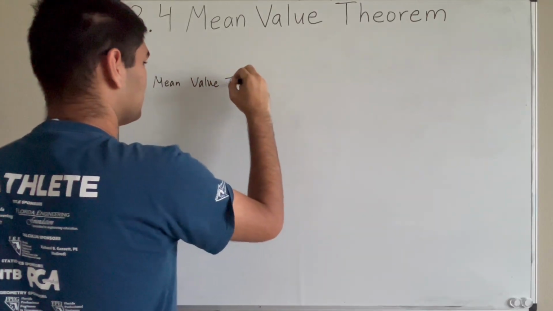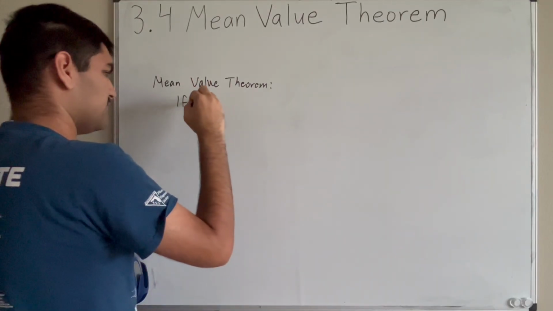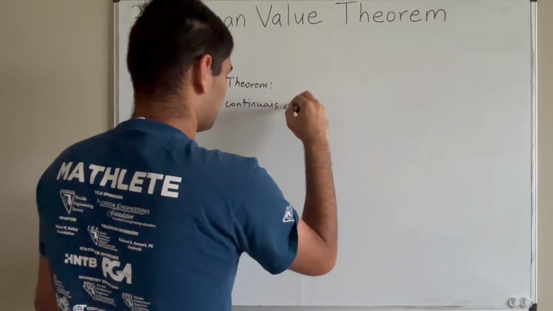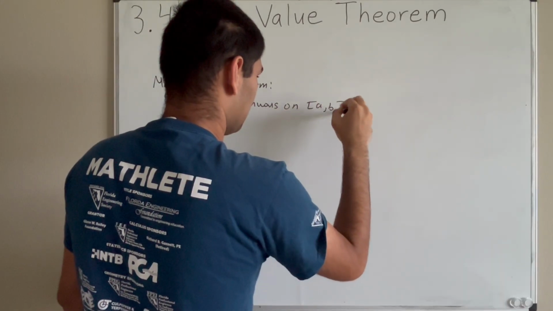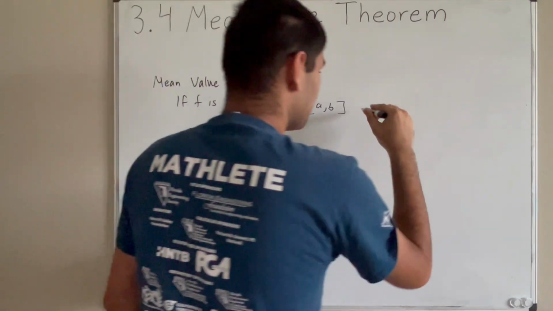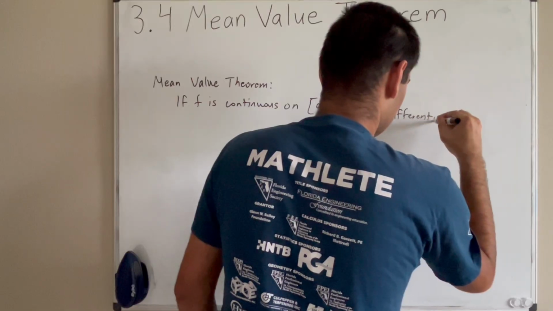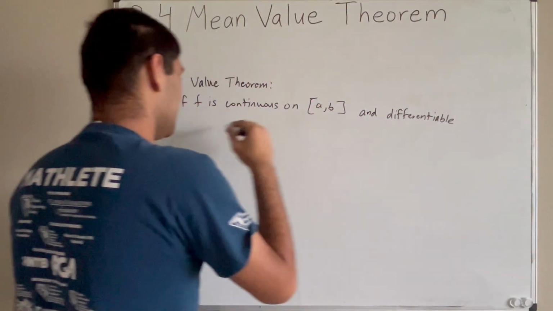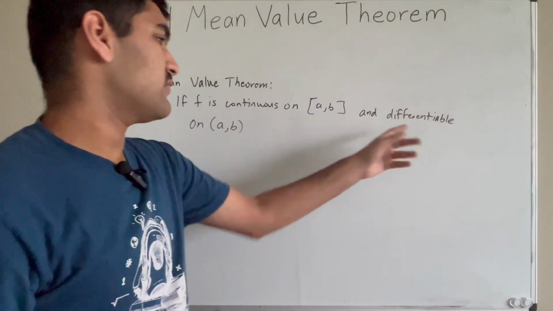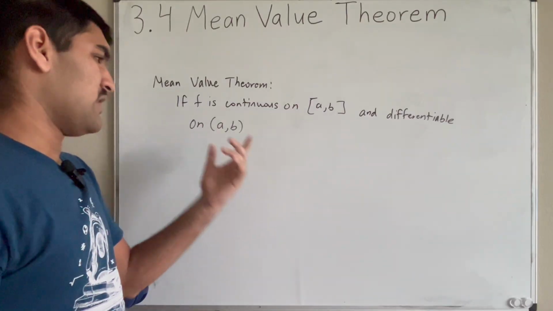The mean value theorem says that if f is continuous on some closed interval a to b, and it's differentiable on the open interval from a to b, because we require f to be differentiable, otherwise f prime of c wouldn't even exist. That's why it's important that f is differentiable.